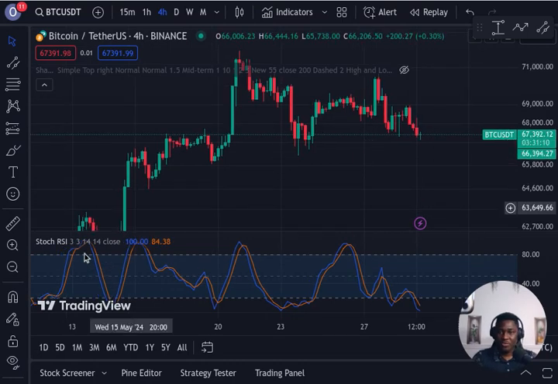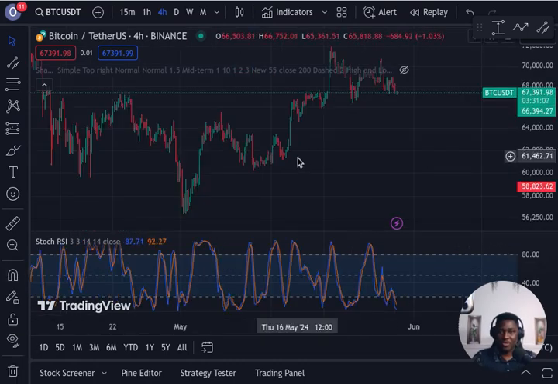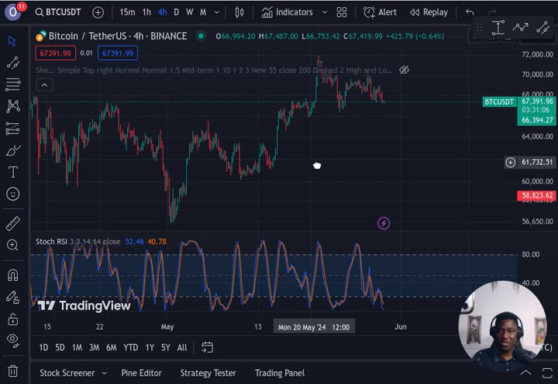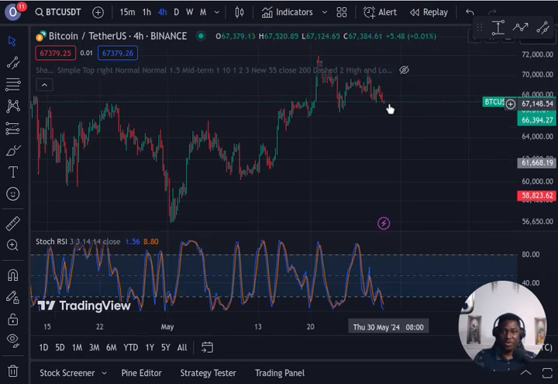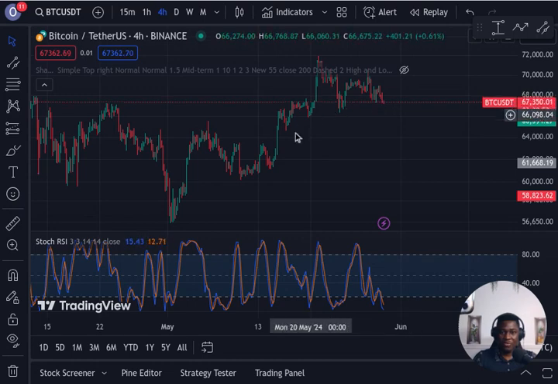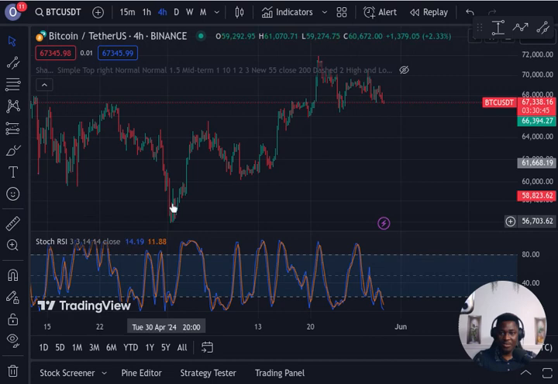Okay, so let's go back so that you see a clearer view of where we are. All right, so this is where we are. So when you see a chart, the first thing you need to take note of is where the price is presently. Then you trace back to where it has been for some time, right? So this is where the price is. So it has been like this, and continues backward.